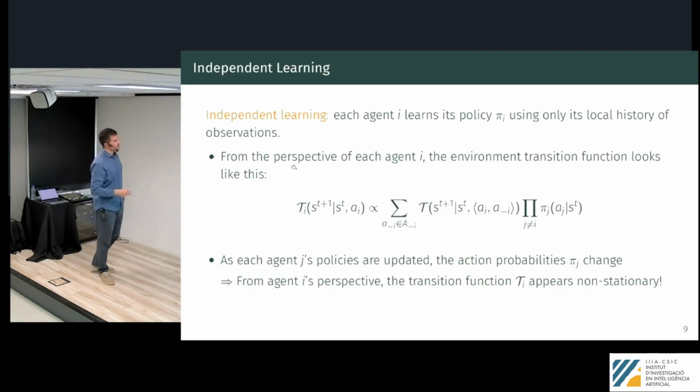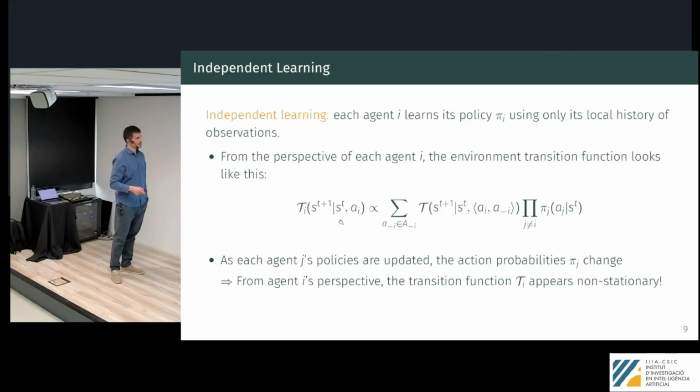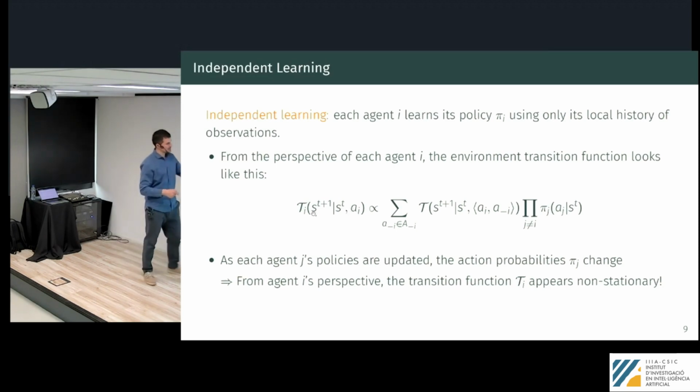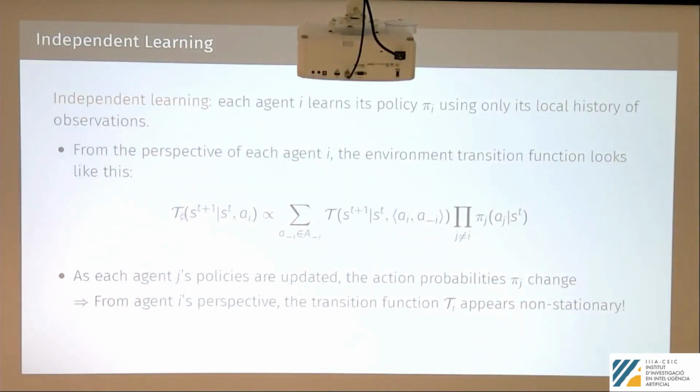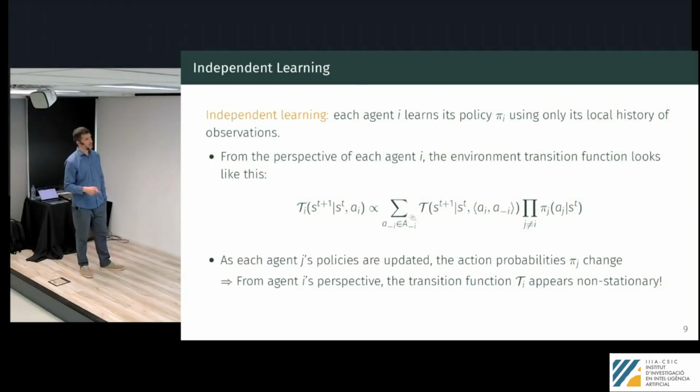Okay, so formally what this means is that from the perspective of agent i, the environment transition function looks like this. Before, remember, we had this definition in the stochastic game, which gives us the probabilities of the successor states given the current state and the joint action. And now the only thing that we're adding is the subscript i, which means that this is now from the perspective of agent i. If we execute the action a_i in that particular state, then we need to sum over all the other actions that the other agents could take, which gives us a particular joint action that we can put together here.